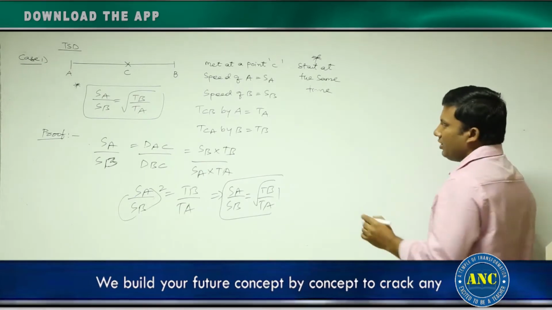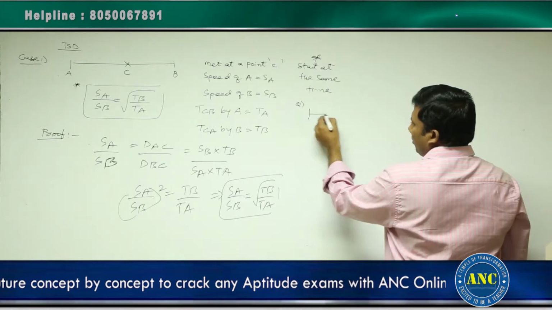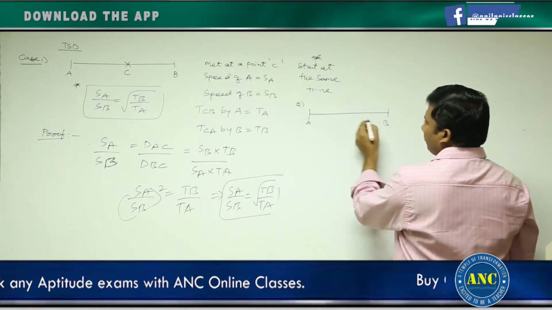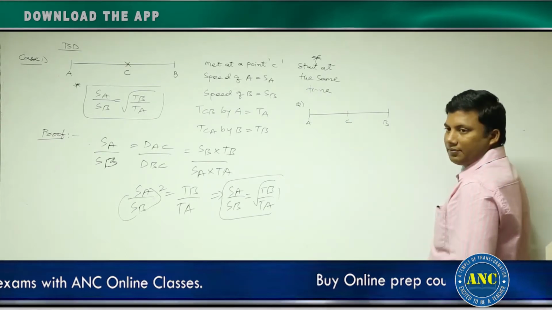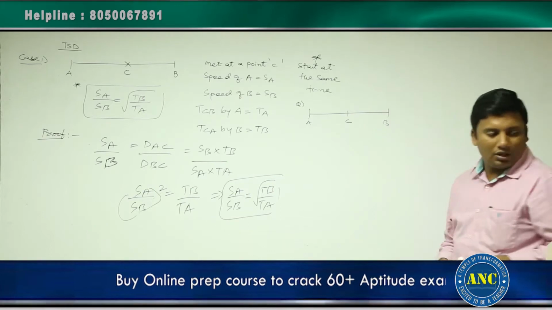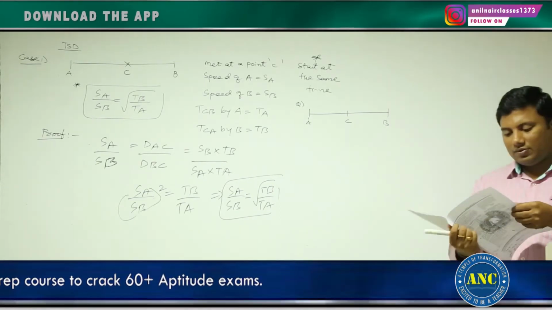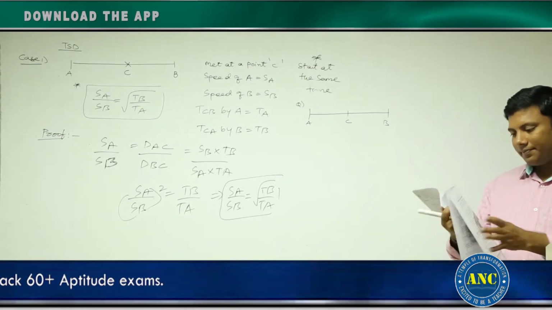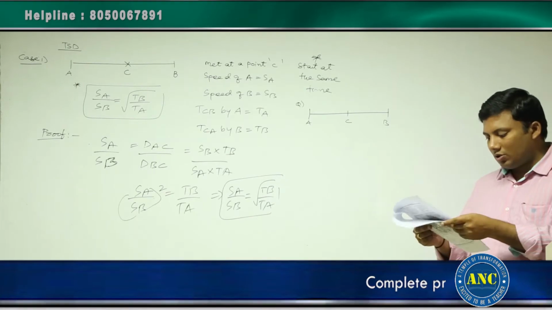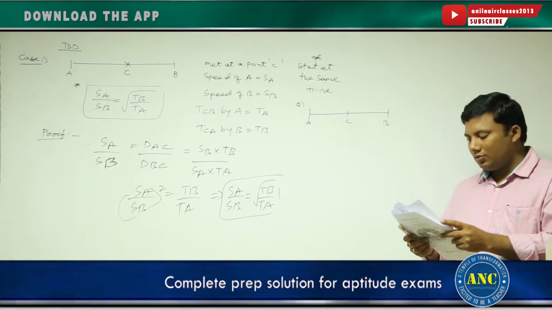Right. To explain this one, let us solve a problem. From here to here, A to B. Meeting point is C. I think in algebra workshop 2, it is question 34.